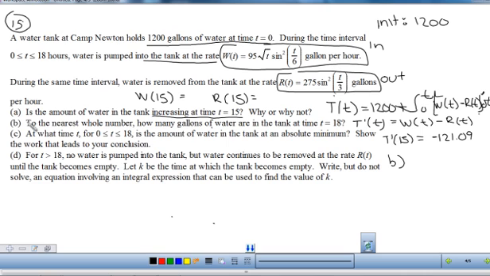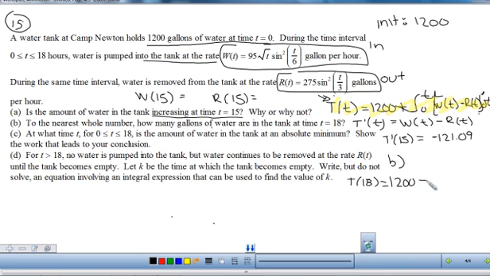Part B says, to the nearest whole number, how many gallons of water are in the tank? We're trying to find the number of gallons in the tank when t equals 18. We're going to use my first equation, because that is how many gallons are in the tank at any moment in time.